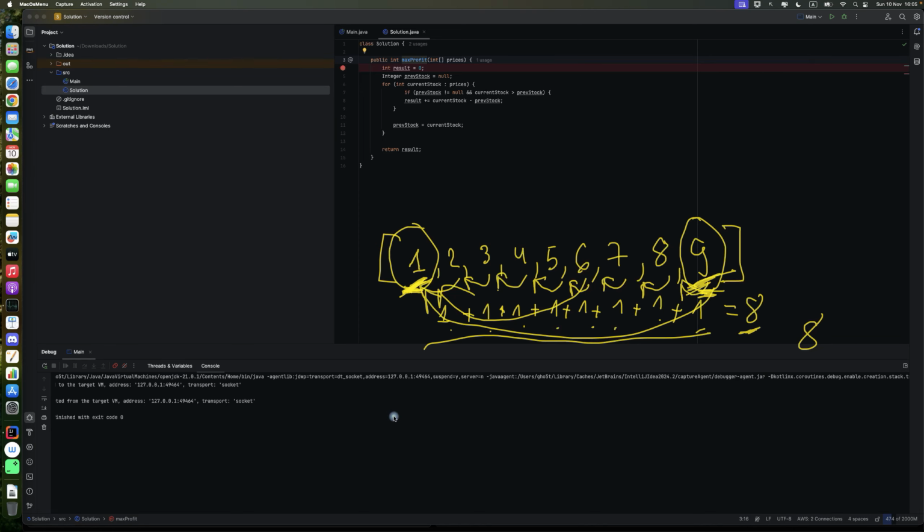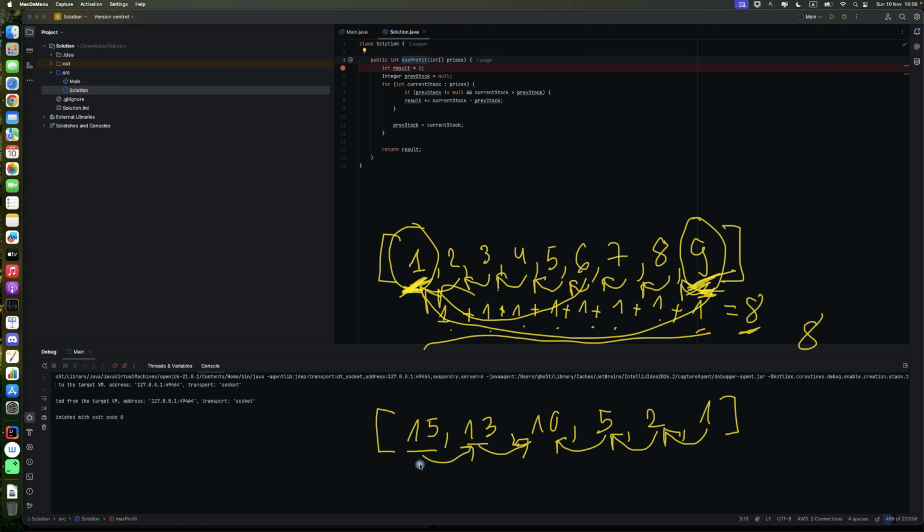why we cannot lose, because if we have decreasing order here, for example this one, with this greedy approach, with this logic, what will happen? We are here, 13 is not larger than the previous one. We don't take this into account. We don't take this into account because 10 is not greater than 13. 5 is not greater than 10. 2 is not greater than 5. And 1 is not greater than 2. So we will not do any transactions here.